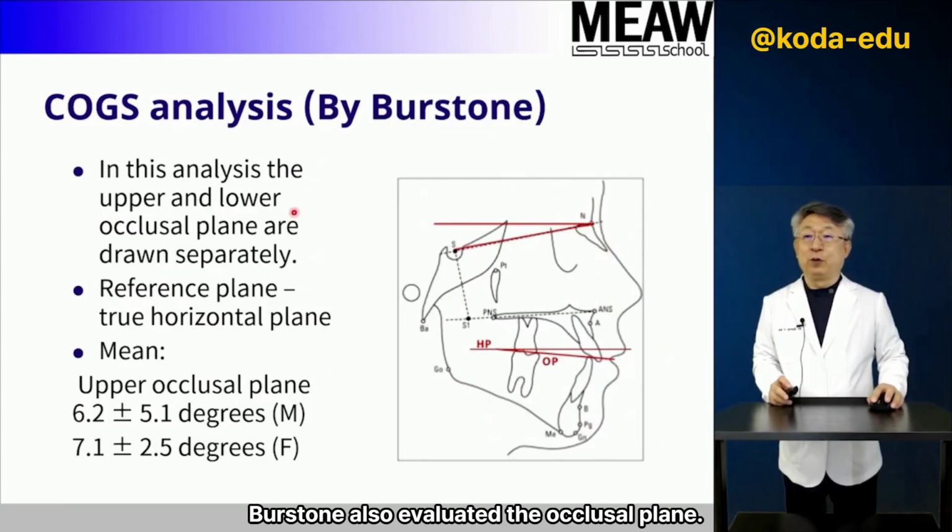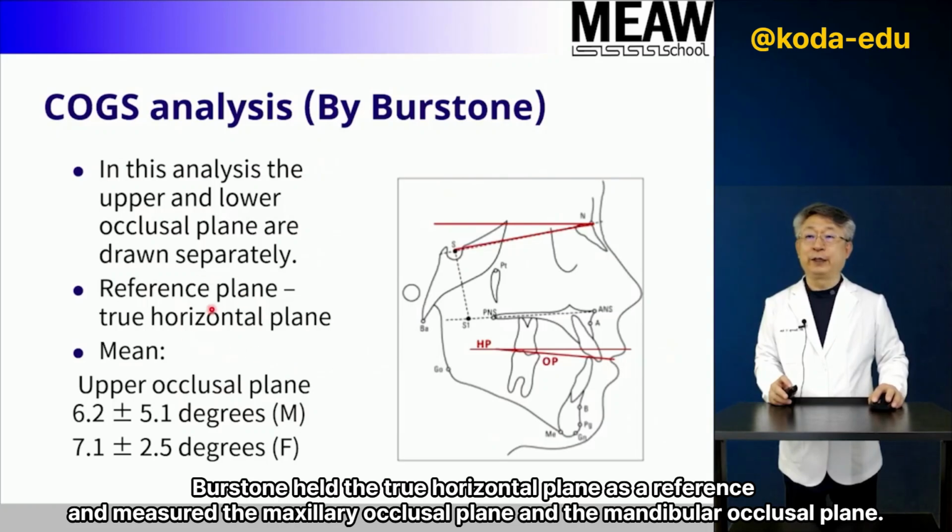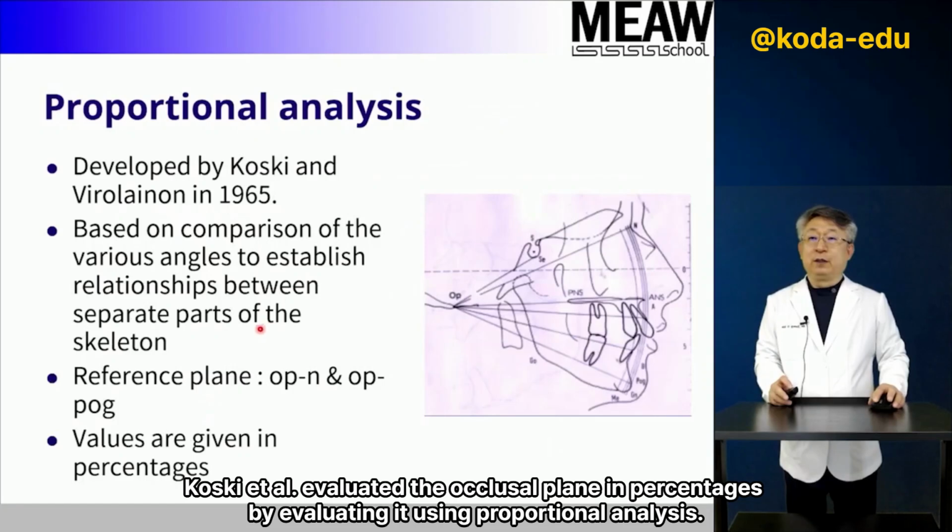Burstone also evaluated the occlusal plane. Burstone held the true horizontal plane as a reference and measured the maxillary occlusal plane and the mandibular occlusal plane. Koski et al. evaluated the occlusal plane in percentages using proportional analysis.